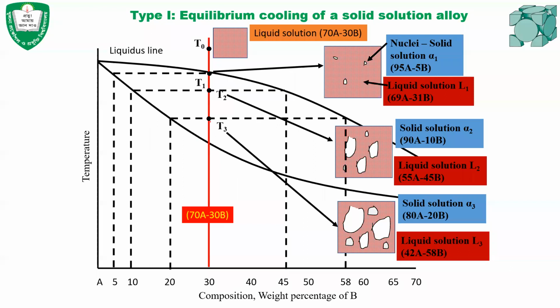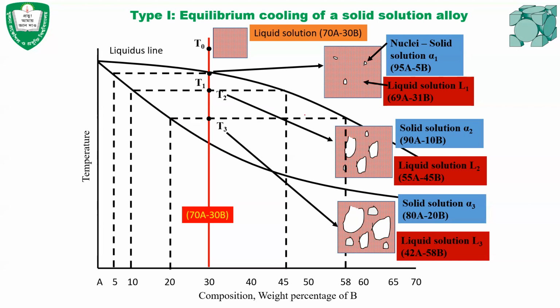Okay, when the temperature drops again to T3, it will be similar: the percentage of solid will increase and percentage of liquid will decrease. You can easily determine from the tie lines, like at temperature T1, solid percentage is very small. At temperature T2, the solid percentage is increasing. At T3, solid percentage is increasing more. And when the temperature drops again, the solid percentage will be increasing and liquid percentage will be decreasing.